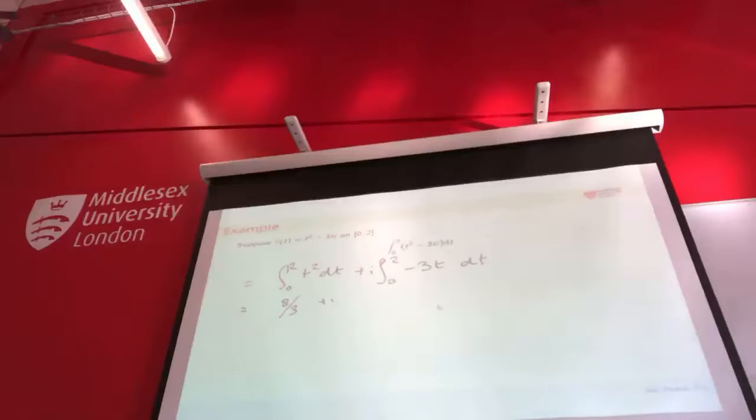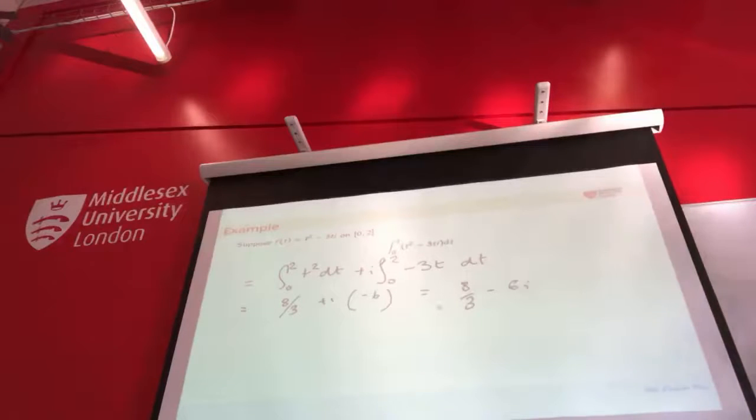Minus 3t squared over 2, yes, 12 minus 6, minus 6. So this is 8 thirds minus 6i. So that's all it is. You just integrate the real part and then you integrate the imaginary part. So integrating a function like that is relatively straightforward.